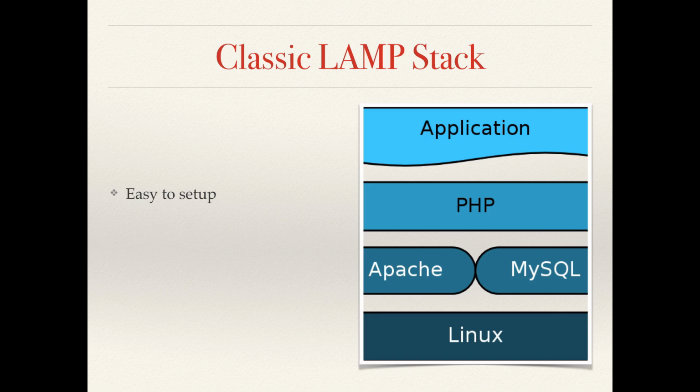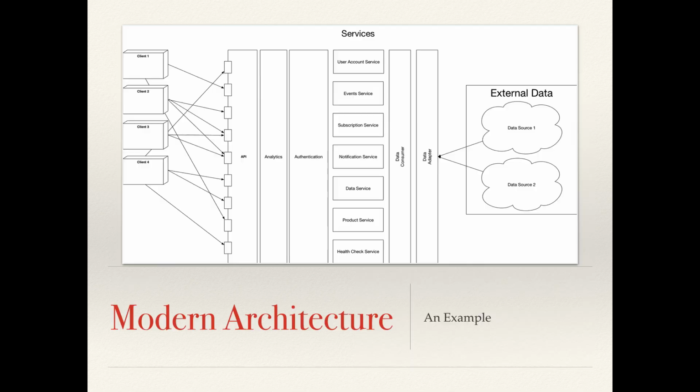And this is really easy to set up, it's easy to understand, there's not a whole lot of pieces to it, and of course there are lots of server images that you can just say, I want a LAMP stack, and a script or just a server image can be brought up, and voila, you have a LAMP stack. But this is the old way of doing it, back when the web was young and we didn't have all these requirements. So let's talk about a modern architecture.